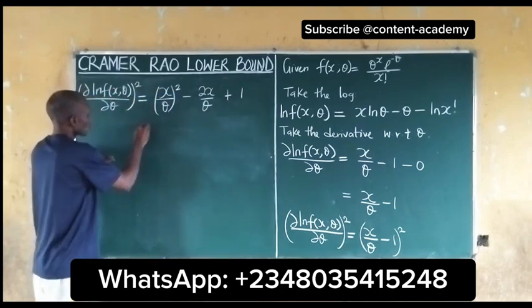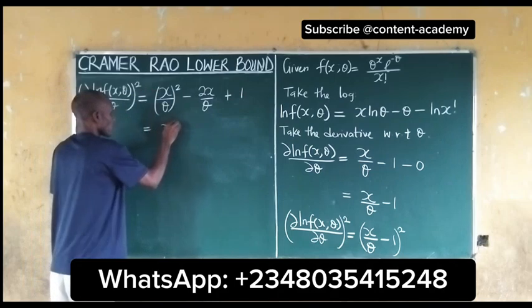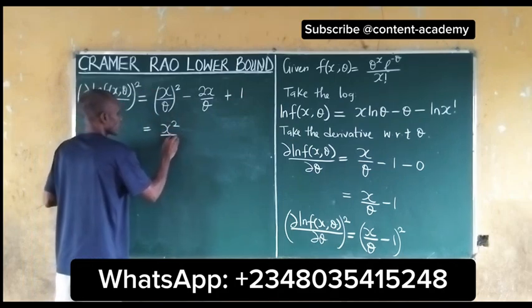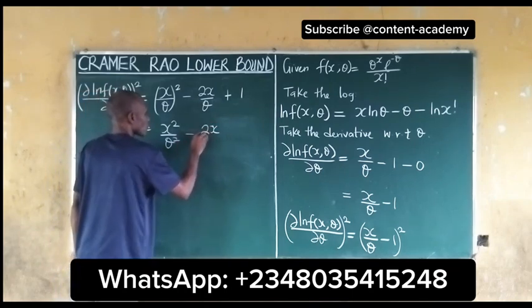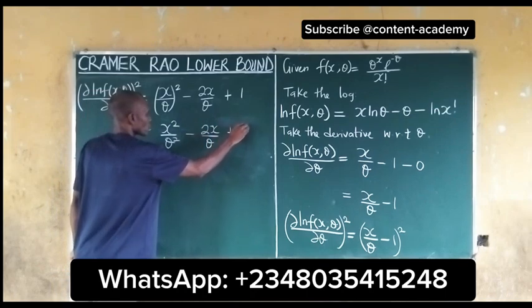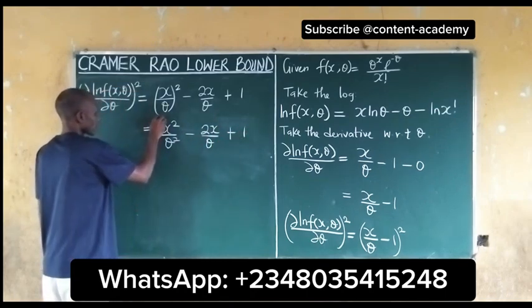So if you open the bracket, we get x squared over theta squared minus 2x over theta plus 1. This is what we get.